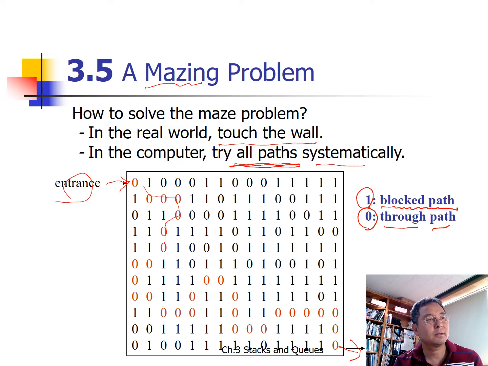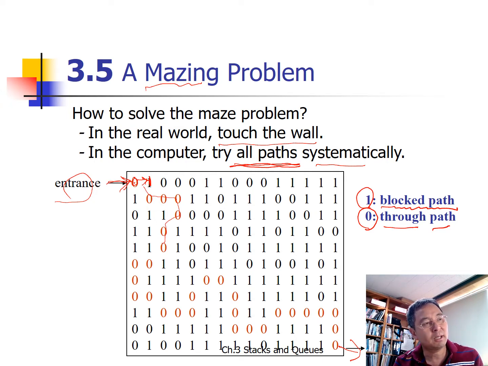Okay, so if we see this maze problem, 0 at the entrance means it is a through path. It is not blocked. But if we go all the way, it is blocked because 1 means that there is a wall. We cannot cross it.